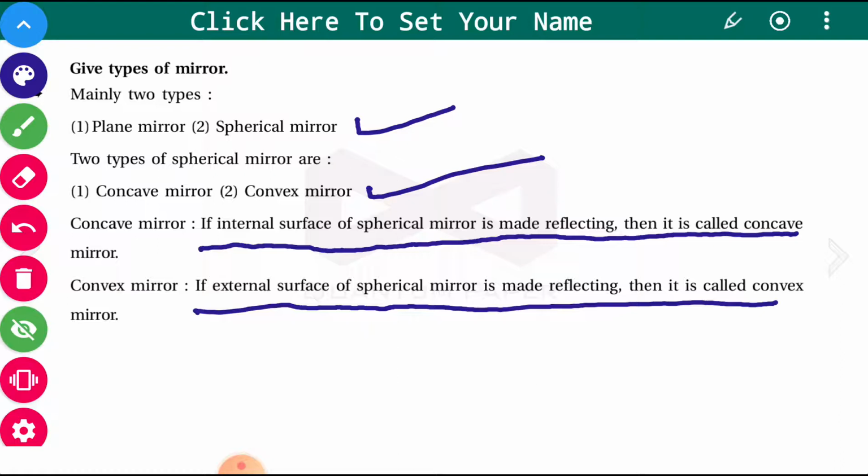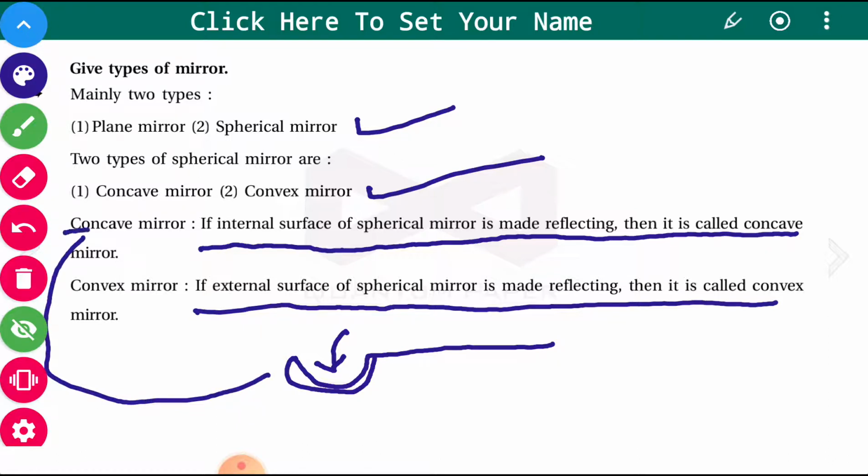If you have a newly purchased spoon, the inner part where you fill the food behaves as a concave mirror, and the outer part, which is bulged out, behaves as a convex mirror.